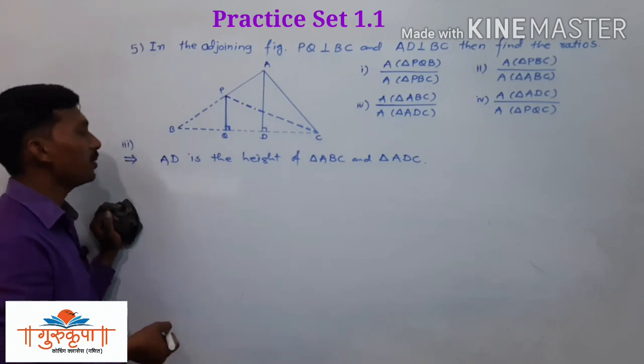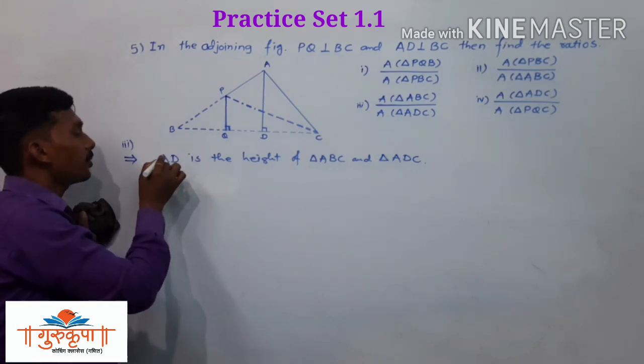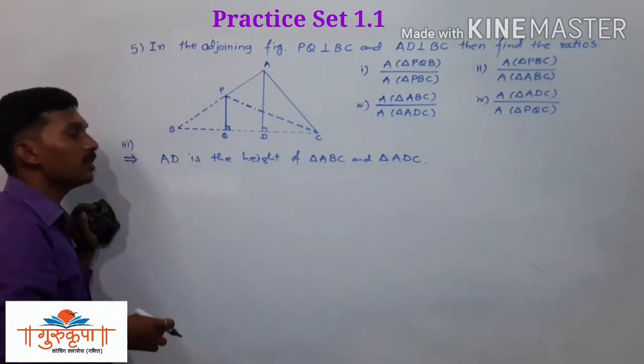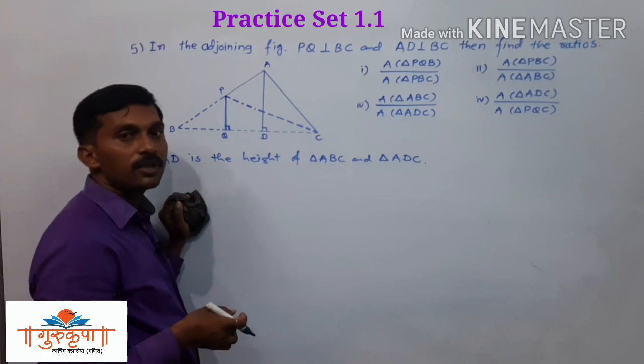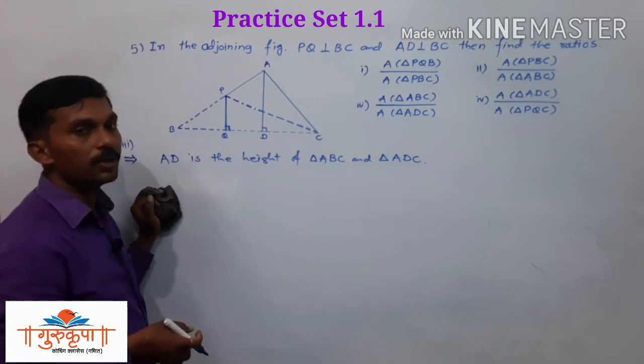Both the triangles have the same height, or you can say equal height. Now we know that when the heights of two triangles are equal, the ratio of the areas of the two triangles is equal to the ratio of their corresponding bases.